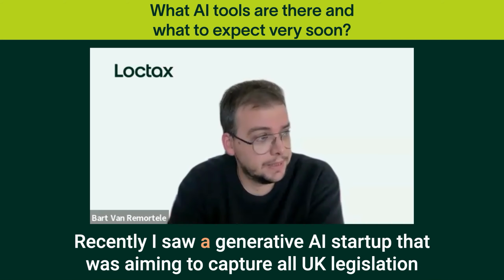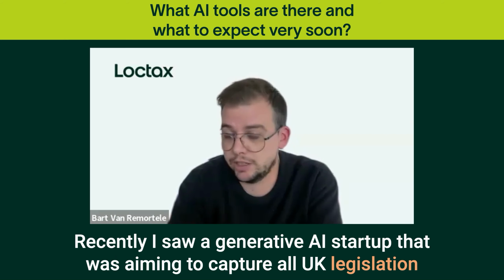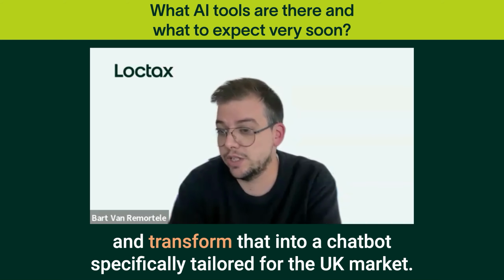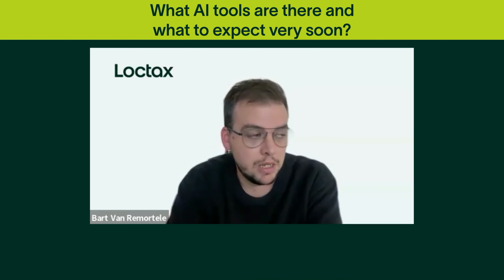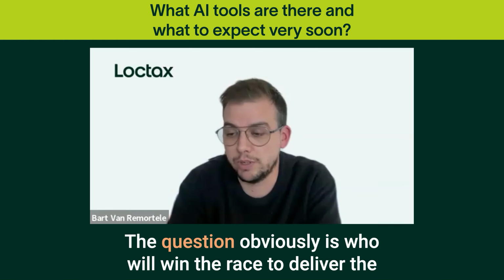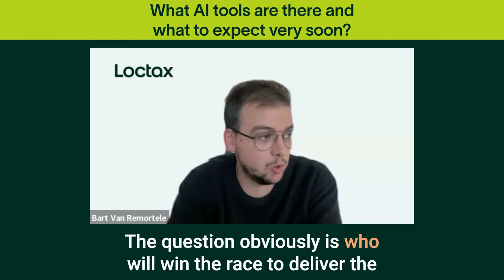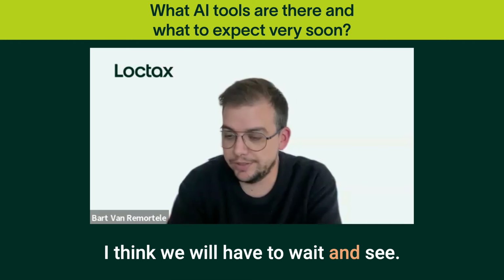Recently, I saw a generative AI startup that was aiming to capture all UK legislation and transform that into a chatbot specifically tailored for the UK market. I think these kinds of examples will start appearing more and more. The question obviously is who will win the race to deliver the first product in these categories. I think we will have to wait and see.